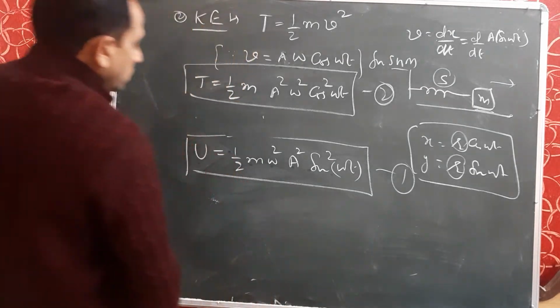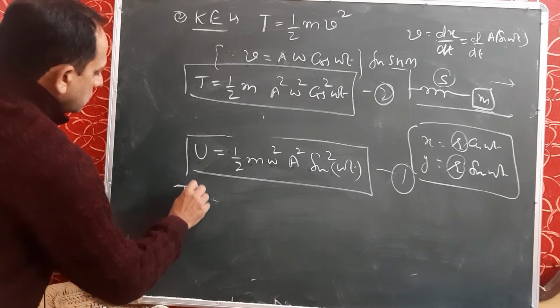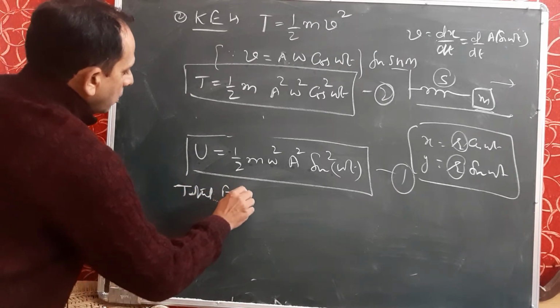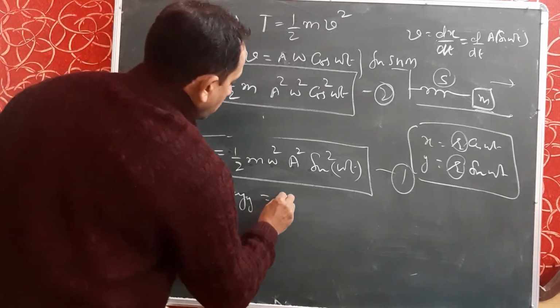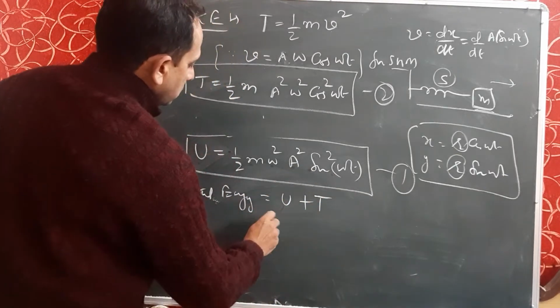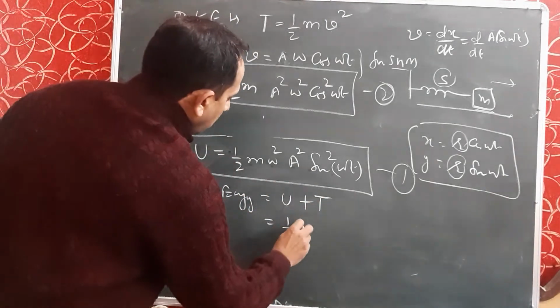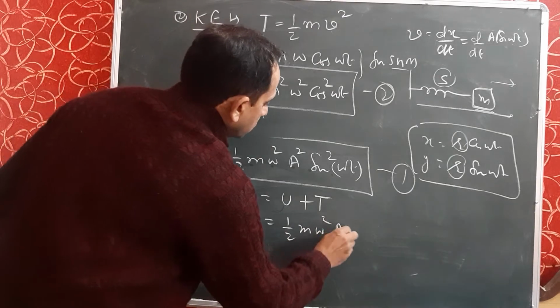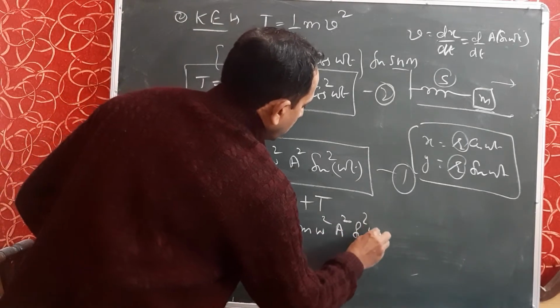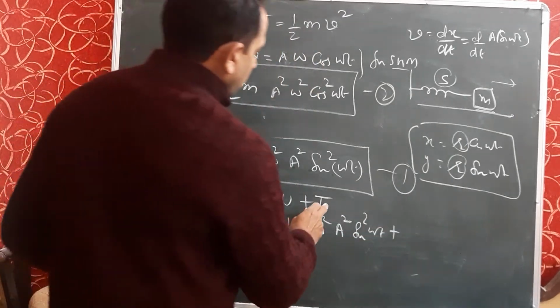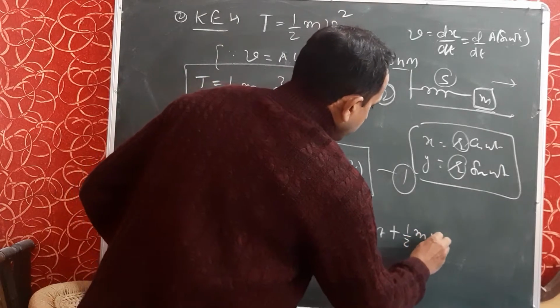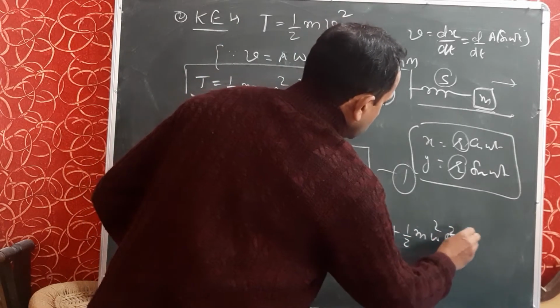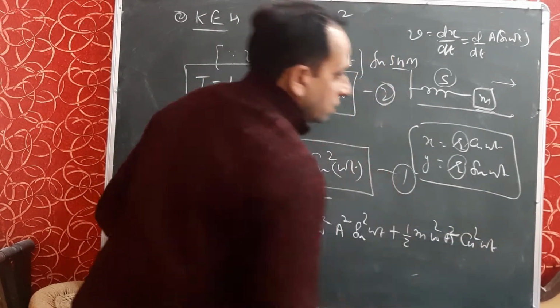Now the total energy is the sum of potential and kinetic. So potential is half m omega square A square sin square omega t, plus T, which means half m omega square A square cos square omega t.